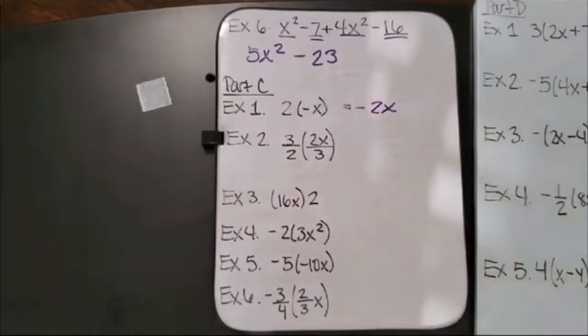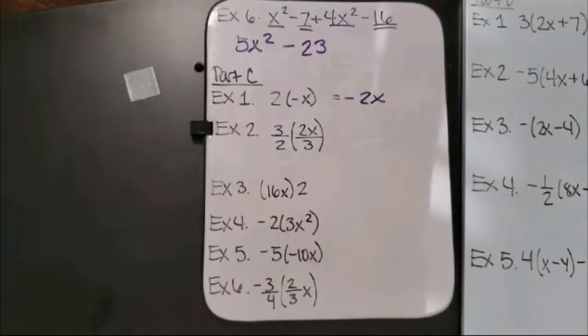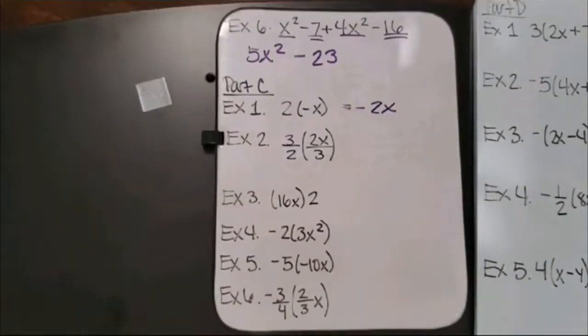So we're in a way kind of separating that negative 1 from the x and multiplying it by the 2. And this, you will see this in your different properties, okay? In the associative property and in the commutative property.